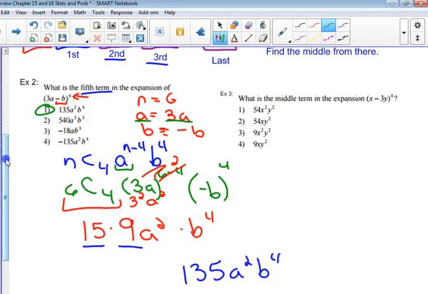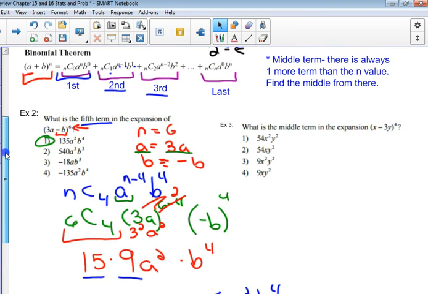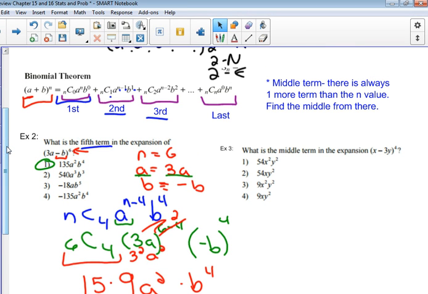Maybe. Now the next one I just put on in case they asked you guys, because middle term is kind of weird. With your expansion, there's always going to be one more term than whatever the exponent is. So if your exponent for this one is a 4, that means that if you expanded this out, you would have 5 terms.